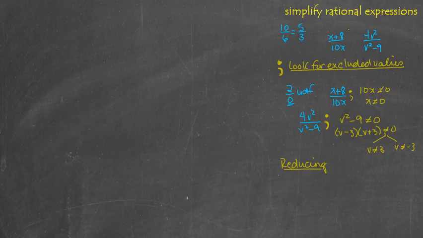For example, if I'm given the rational number 2x over 3x, I really want to write everything as a product of primes, so the integers are super easy. 2 and 3 don't reduce, but this is really 2 times x over 3 times x. X over x is the same thing as 1, and so this reduces to 2/3. So I'm able to reduce that variable right on out of there.